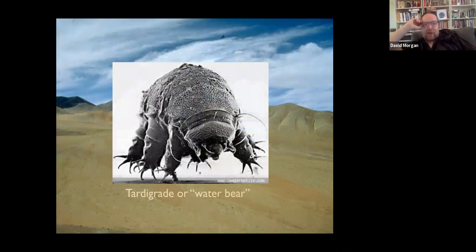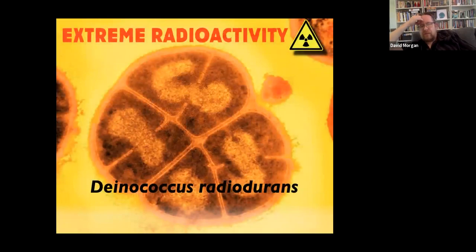There are even macroscopic organisms, such as the tardigrade, which is seen here in an electron microscope picture, that can withstand long periods of time of almost complete dryness, no water available whatsoever. The organism goes into a stasis, where its metabolic processes just shut down. And then the next time it's exposed to water, the organism comes out of that stasis.